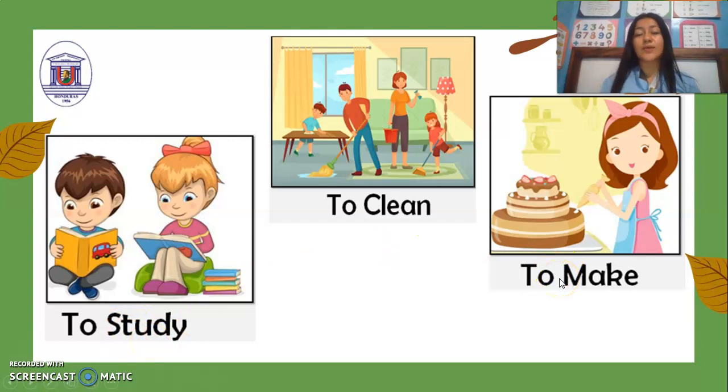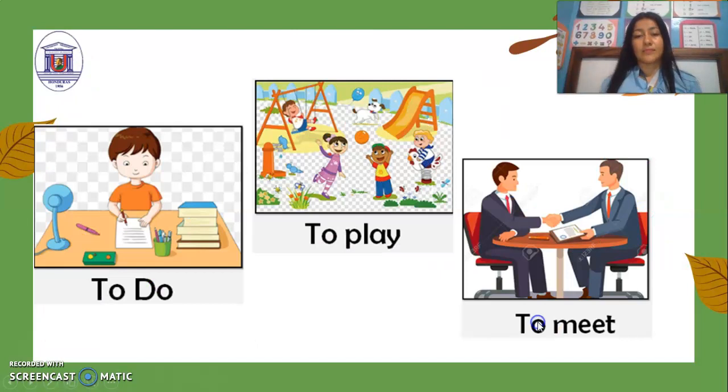Now please repeat with me. To study, to clean, to make, to do, to play, to meet. Now help me: to do, to play, to meet when you meet someone.